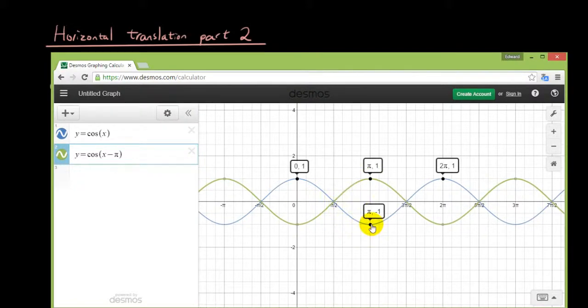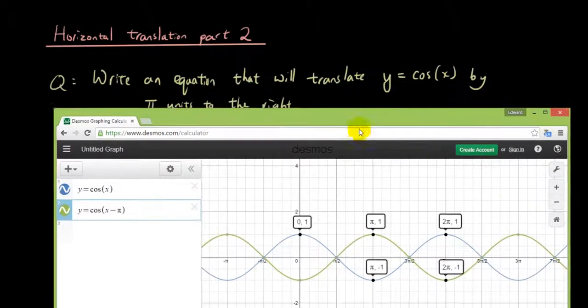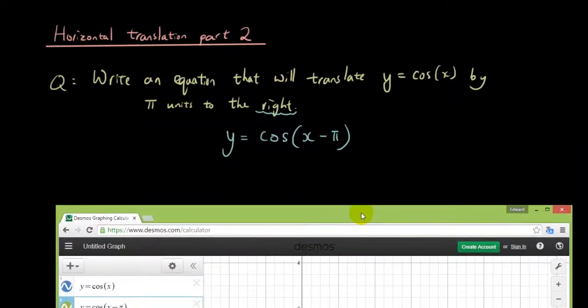Originally we had when x is pi, y is -1, and now we have when x is 2 pi, y is -1. So the green line is the blue line translated to the right by pi units, pi radians, which is what we wanted. So that is definitely the answer.